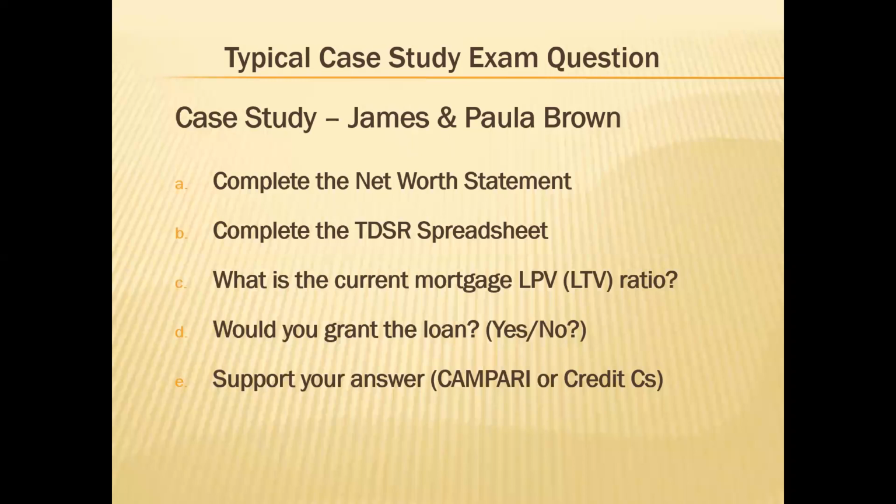So we have the same questions. Complete the net worth statement, complete the TDSR spreadsheet. What's the current mortgage LPV or LTV ratio? Would you grant a loan, yes or no? Support your answer either using compari or credit Cs.